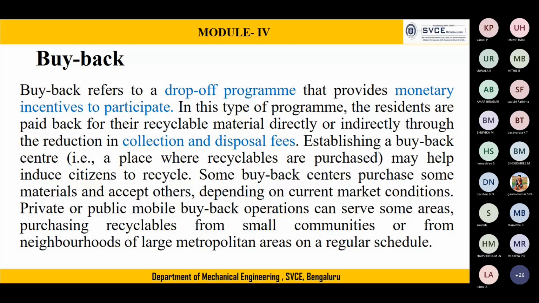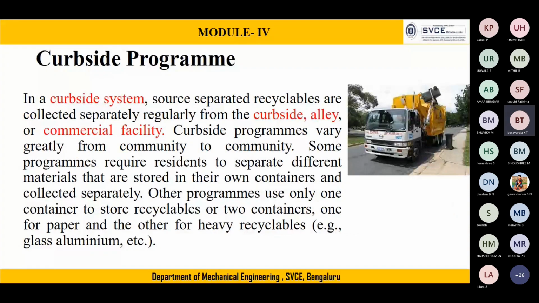Okay, this is the curbside program. In the picture you can see how the curbside program can be achieved. There will be some specified areas, also called licensed areas, and these are called alleys. In these specific areas, bins are provided.